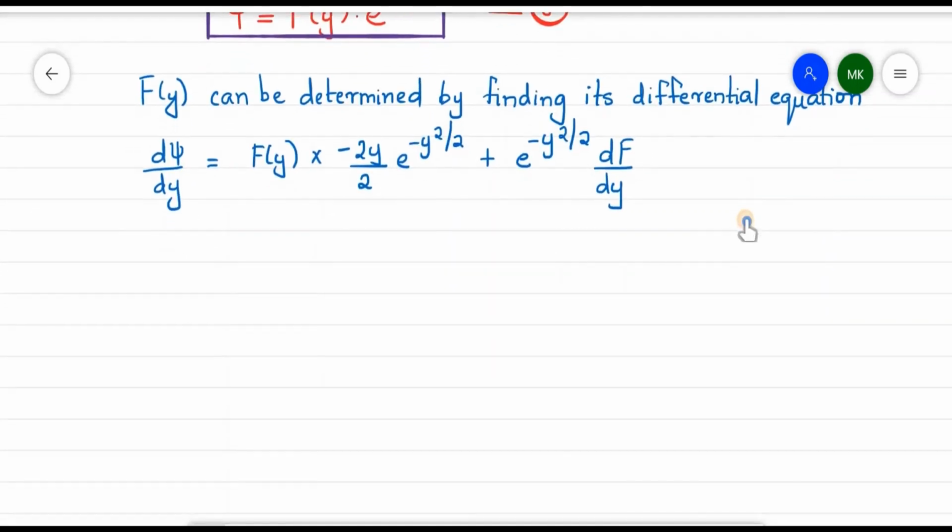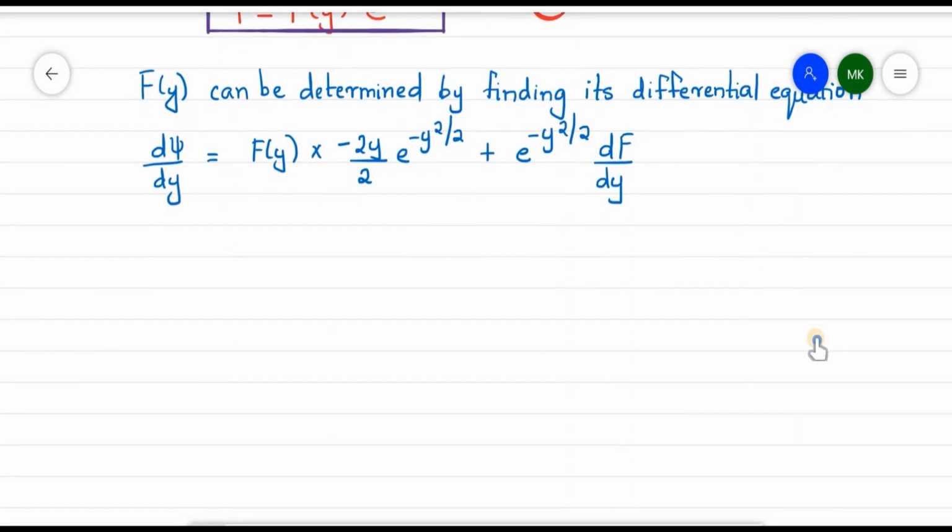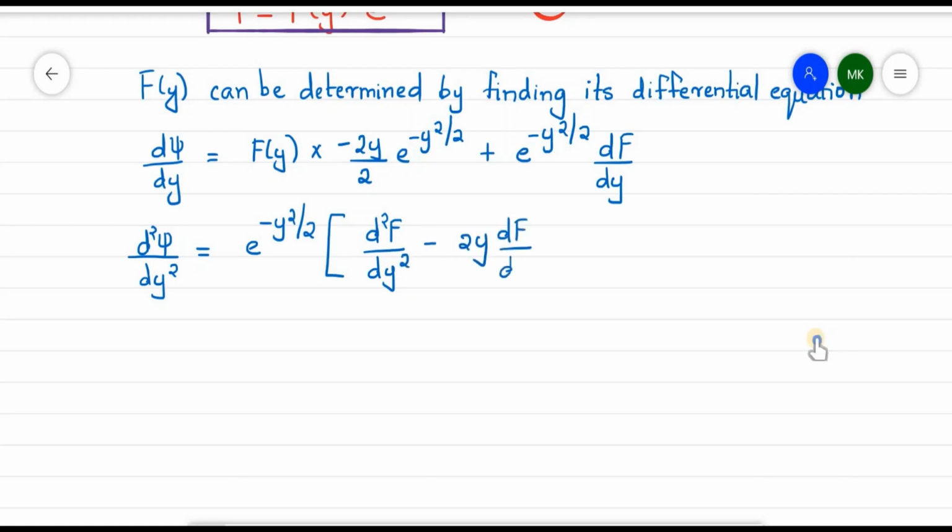Now we have to do d square psi by dy square. D square psi by dy square equal to e raised to minus y square by 2 into d square f by dy square minus 2y df by dy plus y square minus 1 into f. Equation 7.